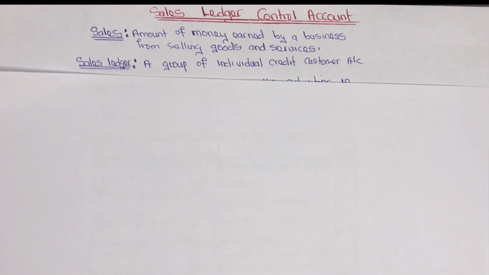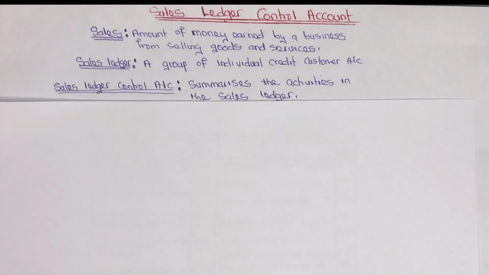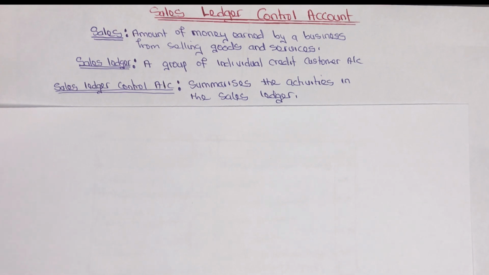So now what is a sales ledger control account? A sales ledger control account is a summary of the activities in the sales ledger. So that is a sales ledger control account.